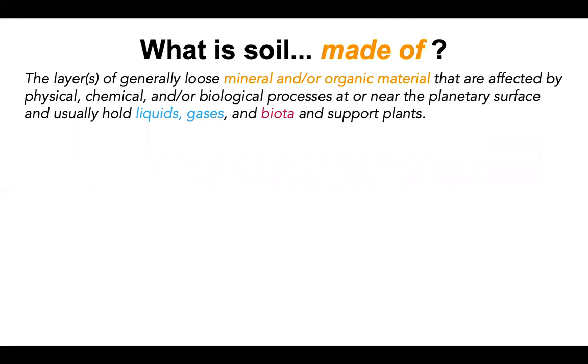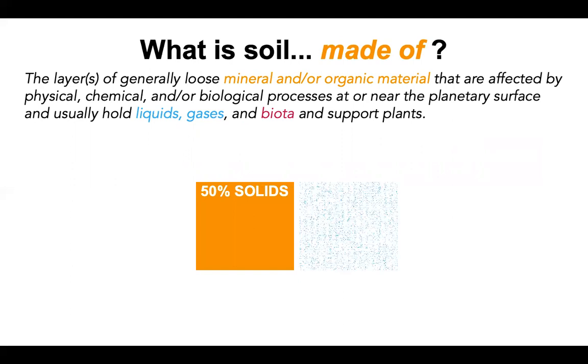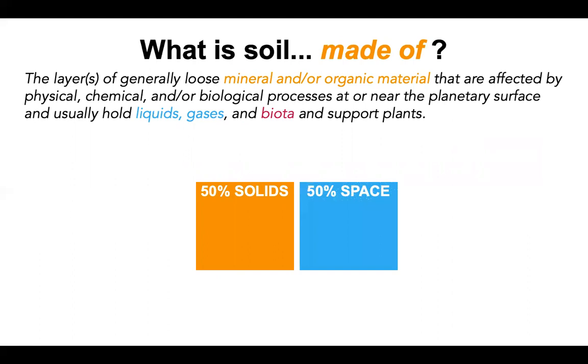So when we look at a soil, generally about 50% of that soil is made up of solids, that mineral or organic material. And the other half is empty, or is space, not necessarily empty. But of that solid portion, most of it is going to be mineral material for most soils.